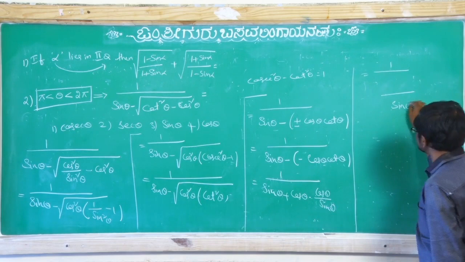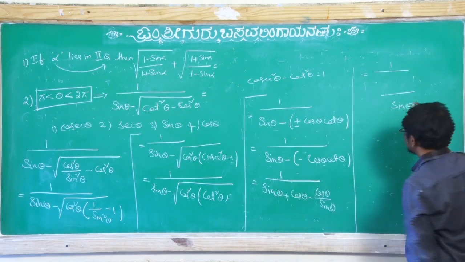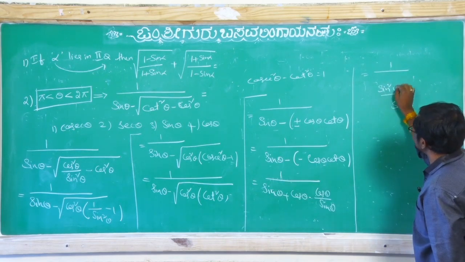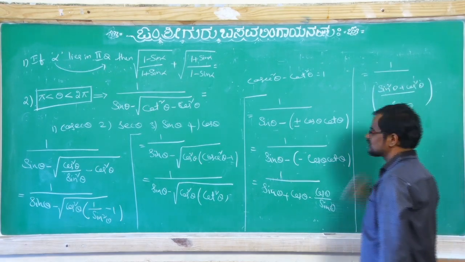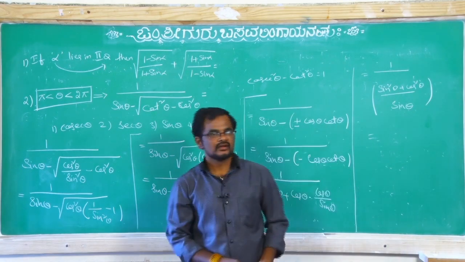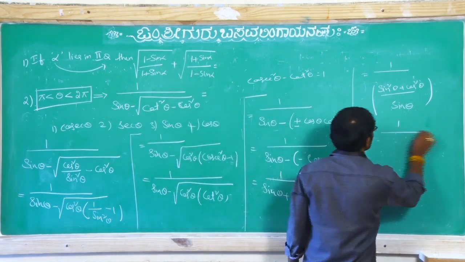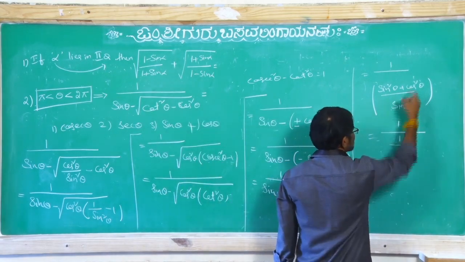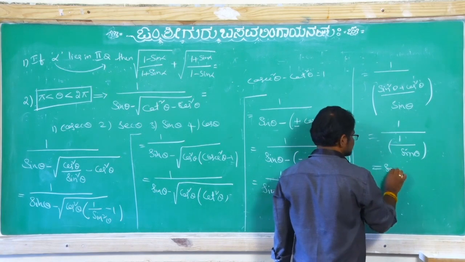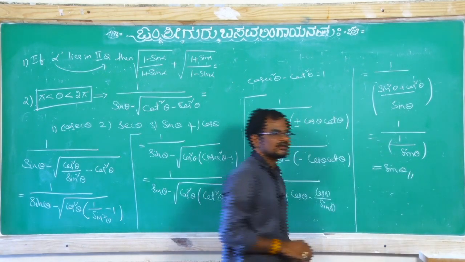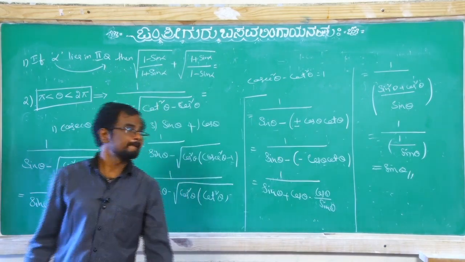Sin theta is LCM. Now, sin into sin, sin square theta plus cos square theta. So, that is equal to 1 by sin theta. What is the answer? Sin theta, like this, okay.